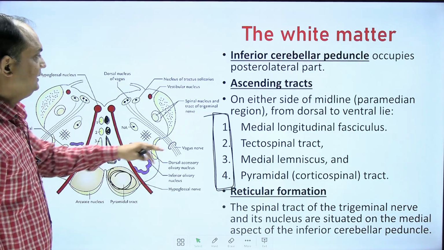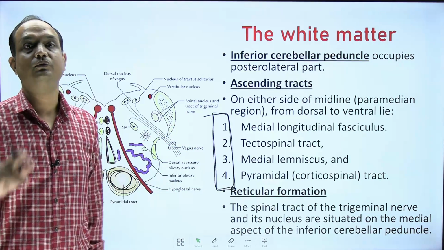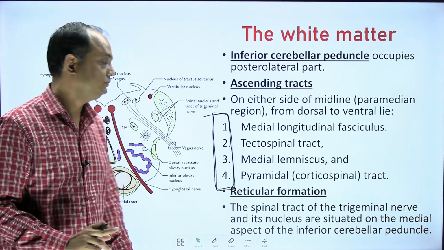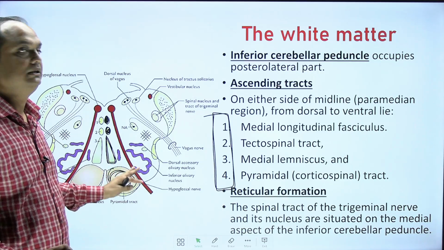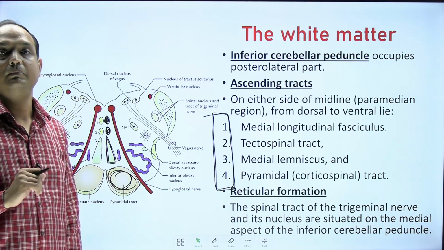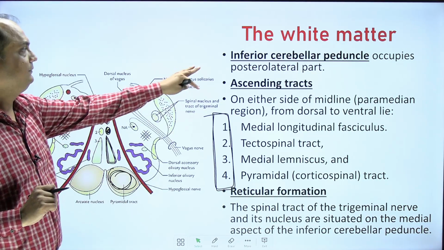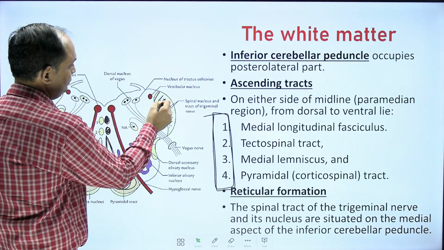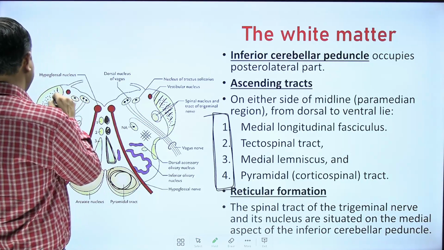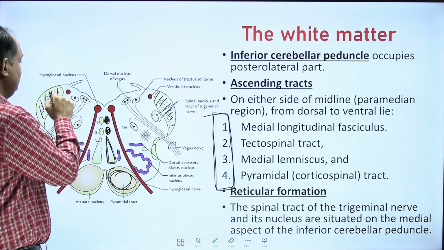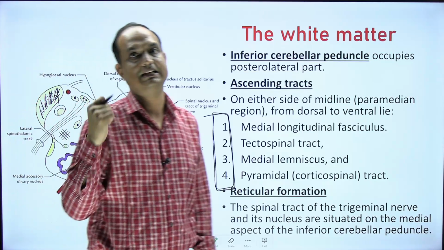Clear? These are the most important white matter areas to keep in mind in this section of the medulla oblongata. Apart from that, on the lateral side, I told you, you have to draw the inferior cerebellar peduncle, which is again a pronounced feature of this section.